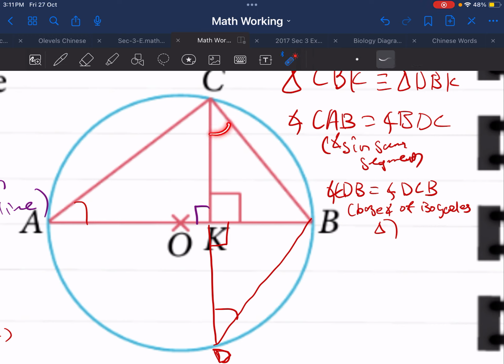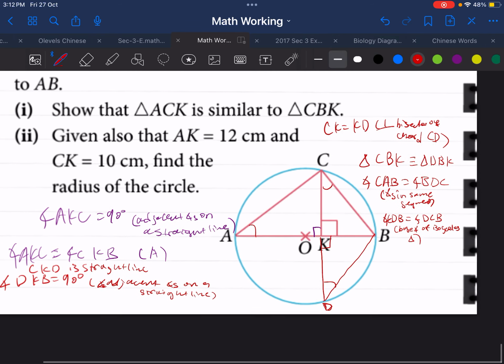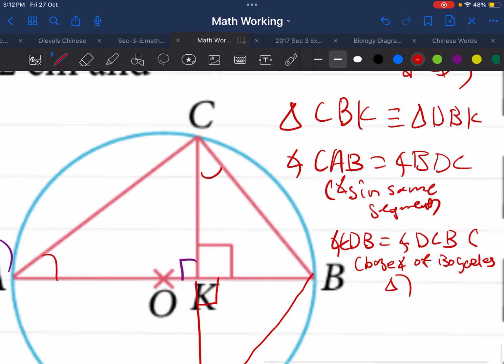You see how this angle and this angle are the same thing. My handwriting is so ugly, I'm not gonna lie to you. Okay, that's all. So you know that this angle is also equal to this angle. So we proved it such that this is alpha.